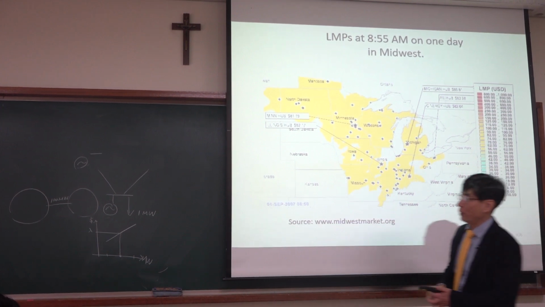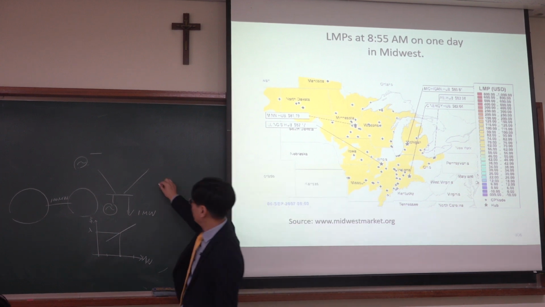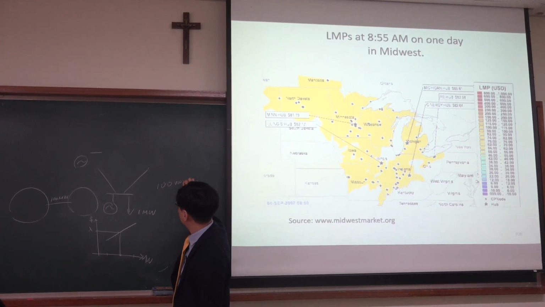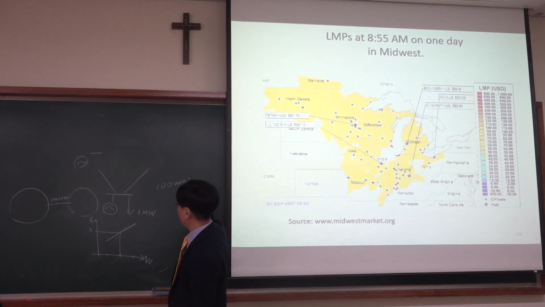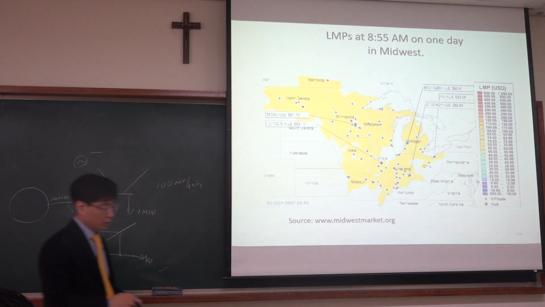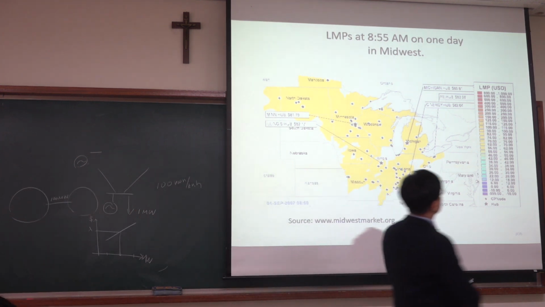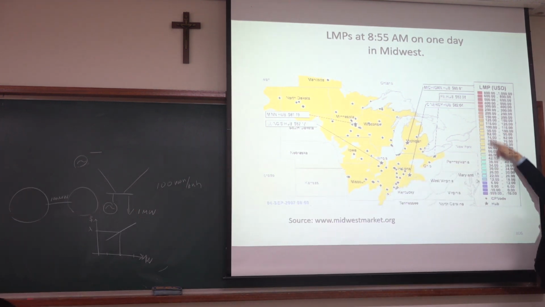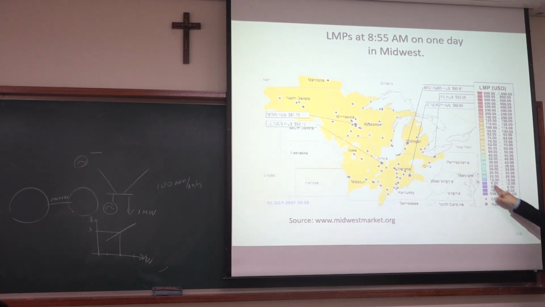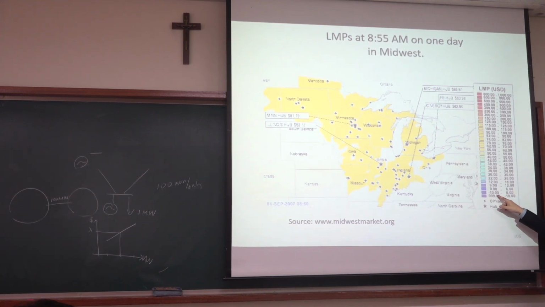So you remember that in Korea, SMP is roughly 100 won per kilowatt hour. Then in the United States, roughly $100 per megawatt hour. So 100 is here, sometimes cheaper, sometimes more expensive. But interestingly, sometimes this LMP can be negative.